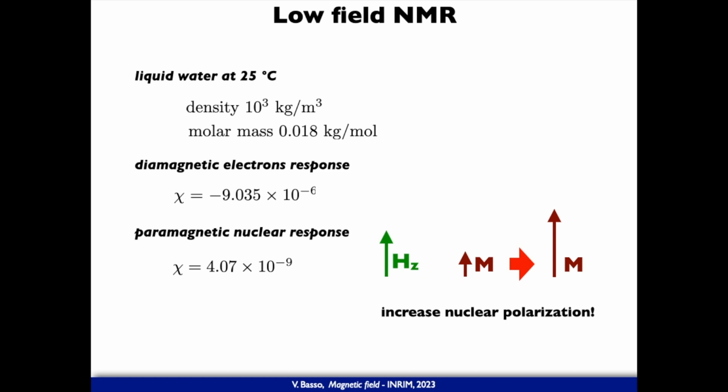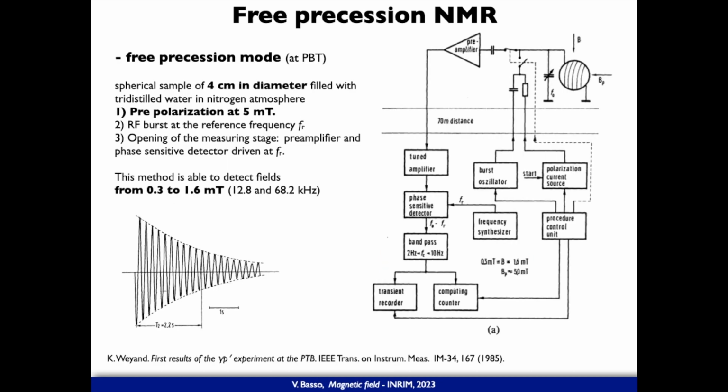So it looks impossible to measure, as it's completely covered by another effect due to electrons that is 1000 times larger. But the point is to exploit the resonance, and the resonance of the electrons and the protons occurs at completely different frequencies. So even if the nuclear magnetization is so small, it is possible to exploit it.